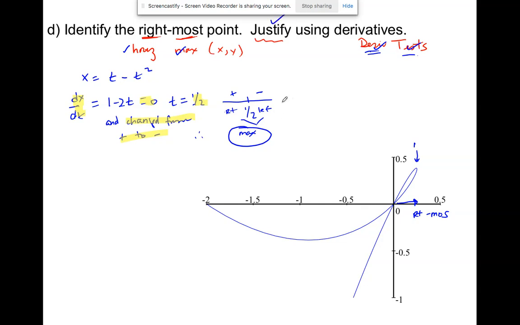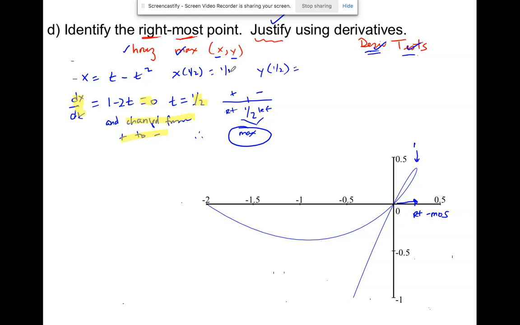What didn't I check off? You didn't find the point at which that occurs, right? So you need to go to x and put in 1/2, and you need to go to y and plug in 1/2. And I hope I get a positive x and a positive y out of that.